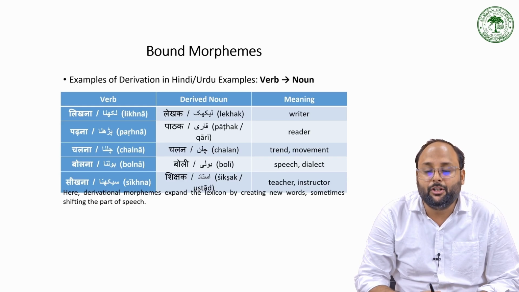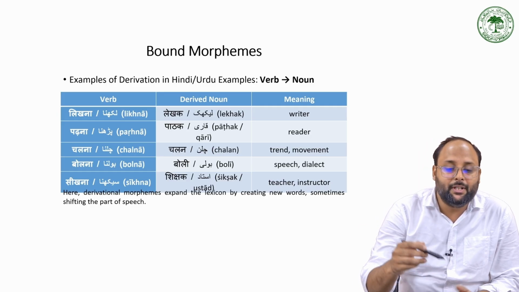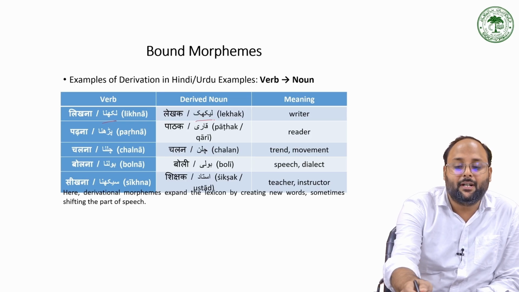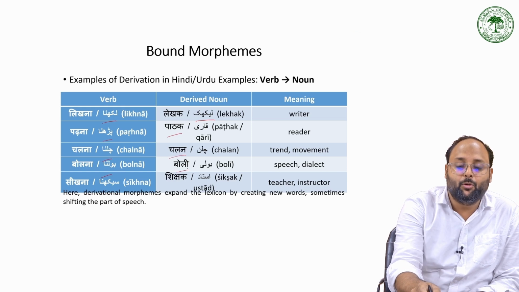We have verbs like likhna. Likhna can be changed into lekhak, padhna can change into pathak, chalna can change into chalan, bolna can change into boli, seekhna can change into shikshak.